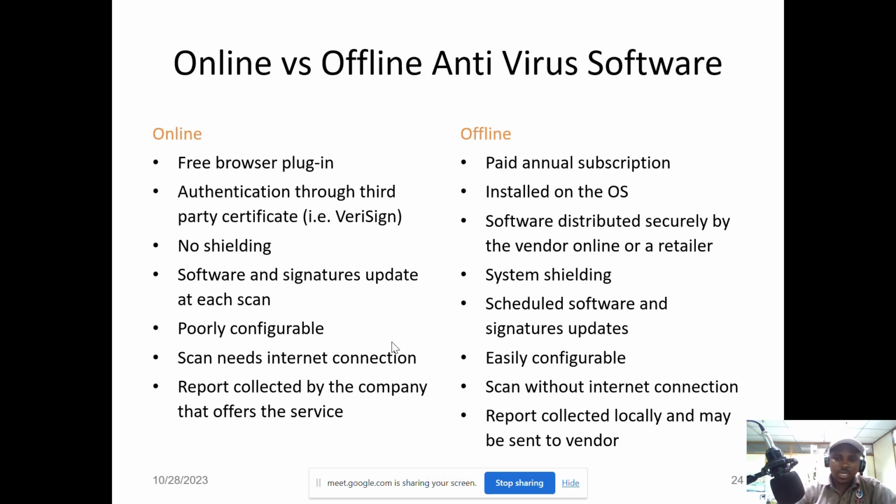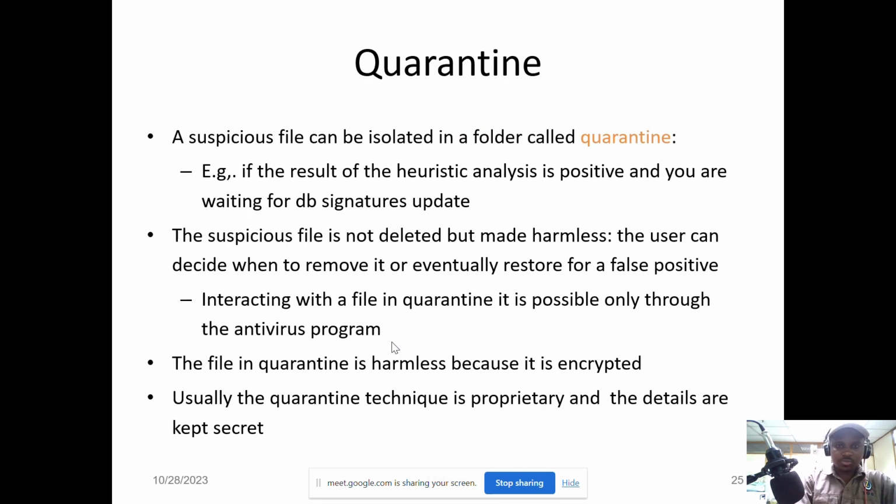Scheduled software and signature updates, easily configurable, scan without internet connection. Report collected locally and may be sent to a vendor if you want to. I'm sure most of them will ask you to allow them to send such data to them. So it is at your discretion whether you send it or not.